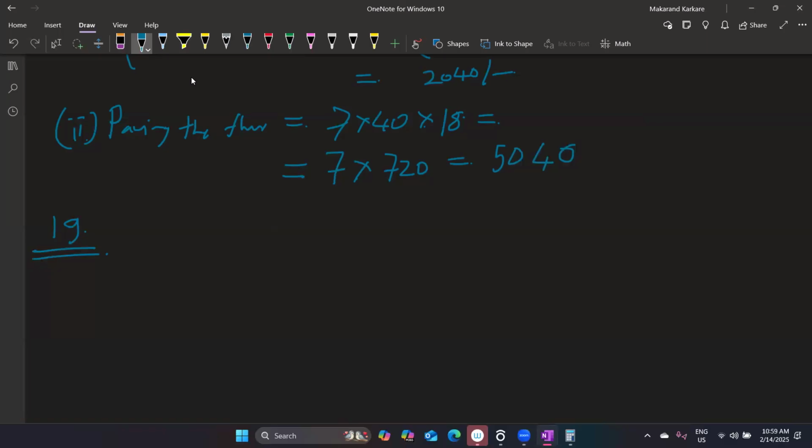Soham, check your first working. Second part is correct. I think you made a mistake in typing. Correct, Advait. Correct, Sahi. Correct, Soham.